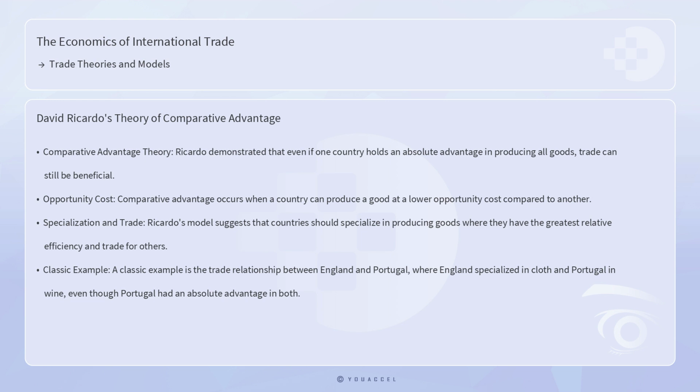Ricardo's model suggests that countries should specialize in producing goods where they have the greatest relative efficiency and trade for others, leading to an overall increase in global production and welfare. A classic example is the trade relationship between England and Portugal, where England specialized in cloth and Portugal in wine, even though Portugal had an absolute advantage in both.